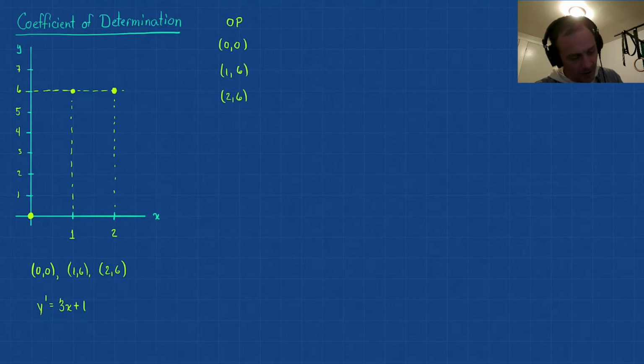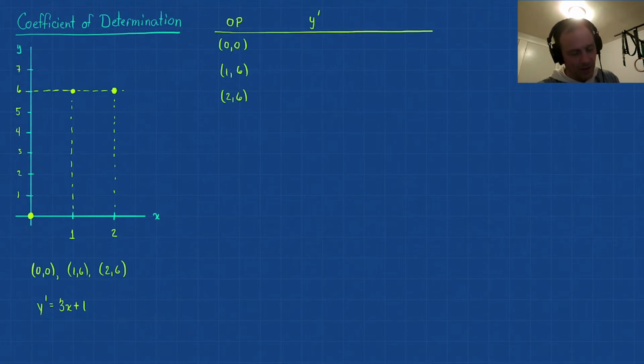And then I'd like to calculate y prime, and then we're going to calculate the predicted ordered pair. I'll write that over there in a minute, so that my table looks nice here.